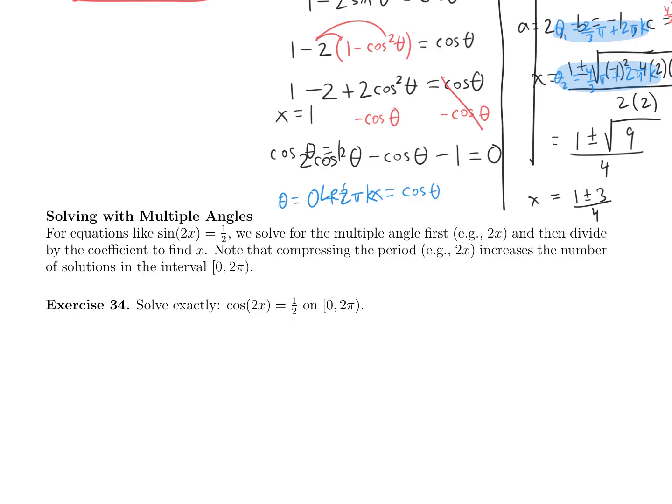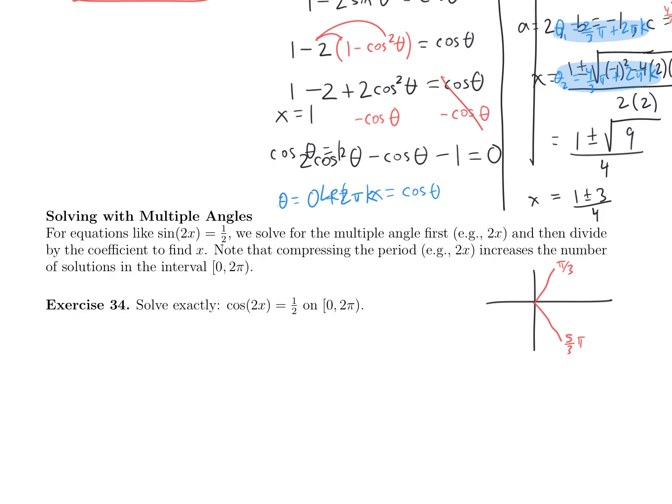And if you go to your unit circle, you will see that cosine is positive 1/2 at pi over 3 and 5/3 pi. You can verify that on the unit circle.